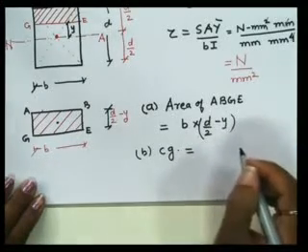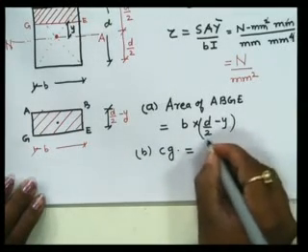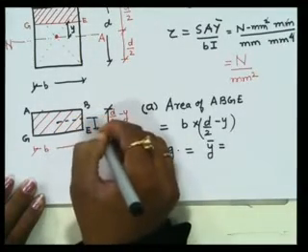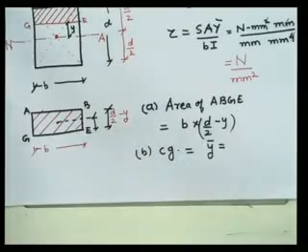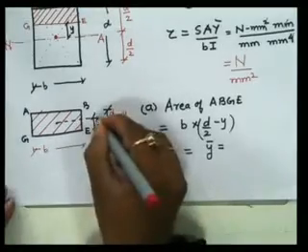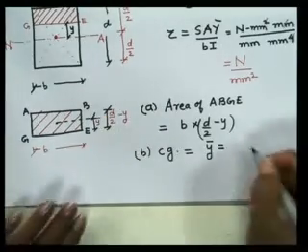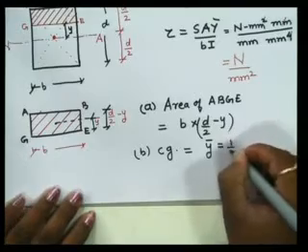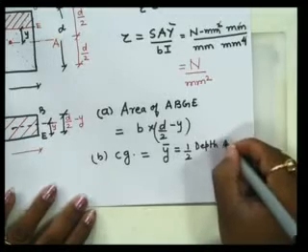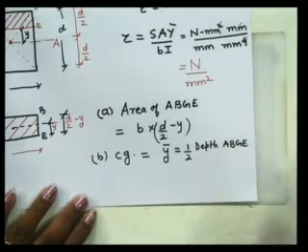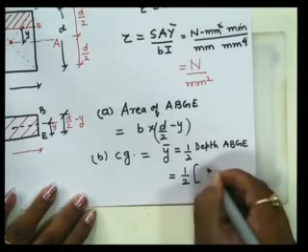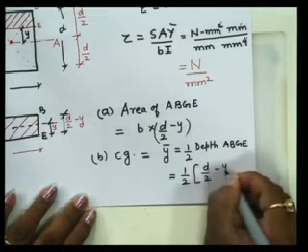That is y bar, and this y bar is equal to half the depth of ABGE, that is one half of D by 2 minus y.